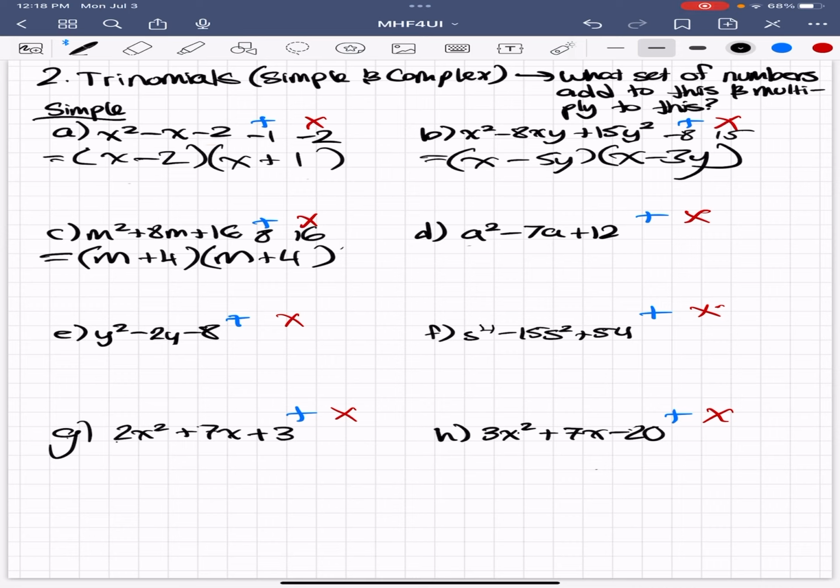And m plus 4 is our answer. And this is our final answer as well.